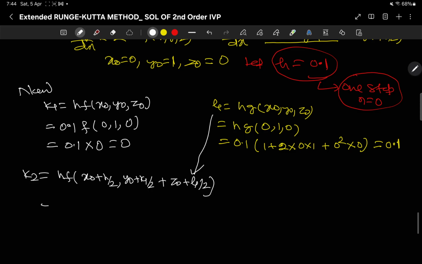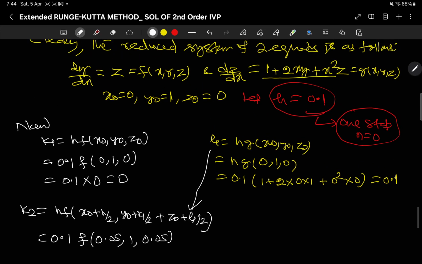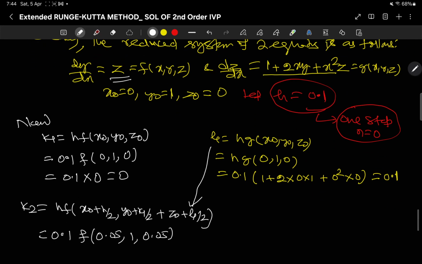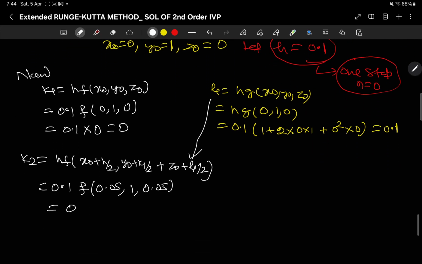So this is equal to my 0.1 f of (0.05, 1, 0.05). Okay, so here z only, so 0.1 into z only 0.05, this is equal to 0.005.